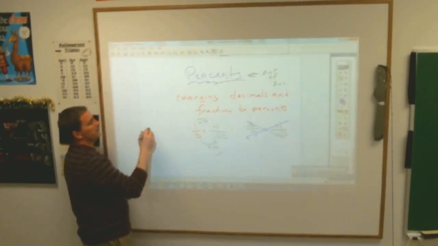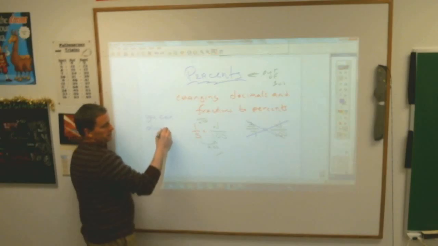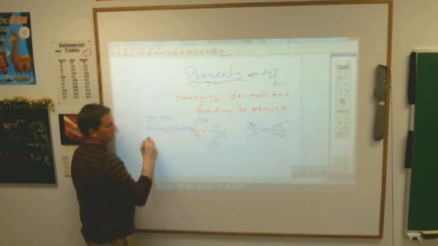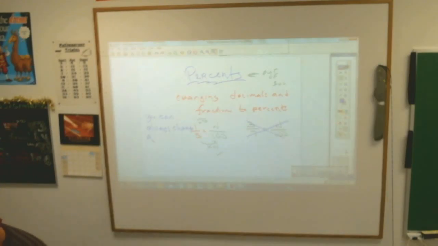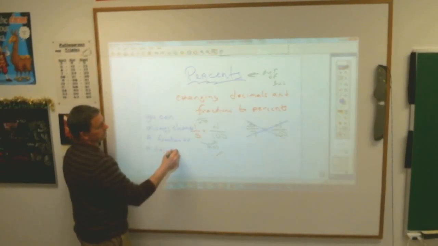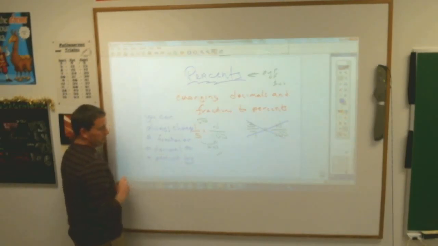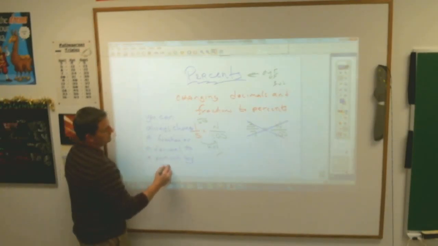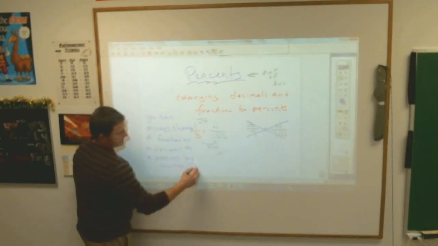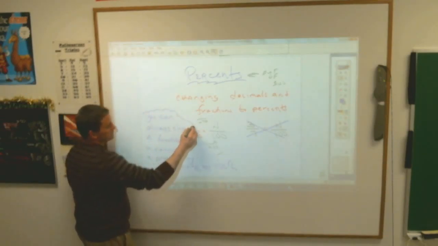You can always change a fraction or a decimal to a percent by, this is where the drum roll comes in, multiplying by 100%, which I don't think will make any sense to you at all, but I will in just a second show you this.